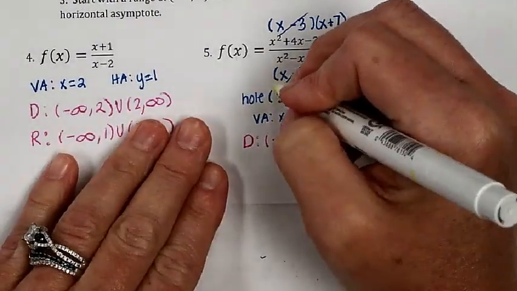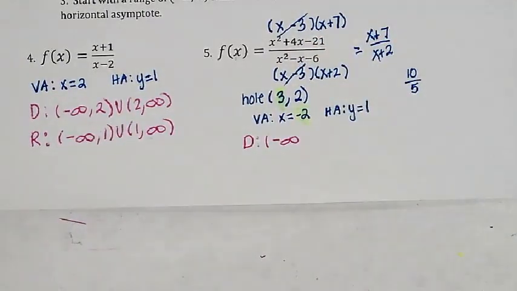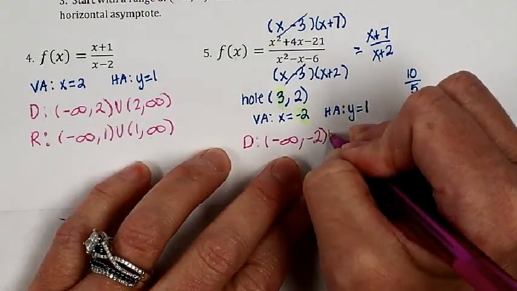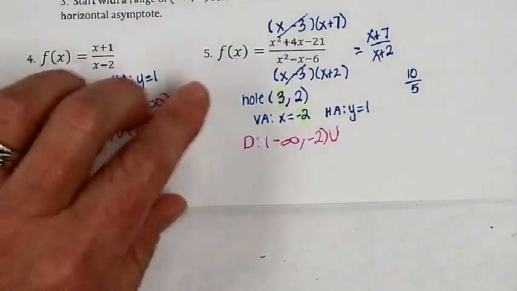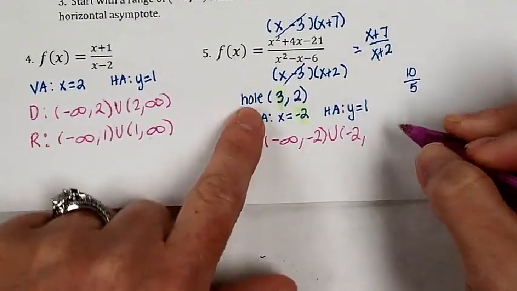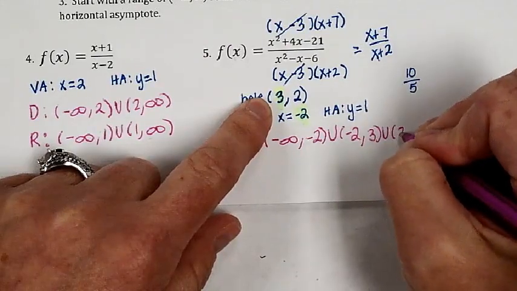So it's going to be negative infinity to negative 2. Then we're going to pick it back up. So negative 2 to 3, and union, 3 to infinity. Is it always going to start with negative infinity to? Yes.